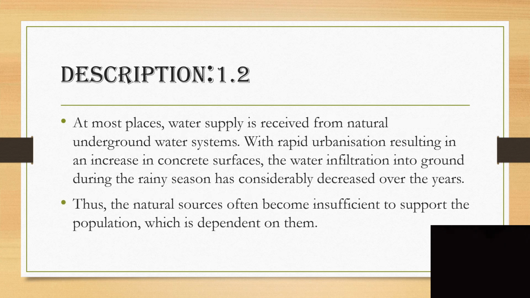At most places, water supply is received from natural underground water systems. With rapid urbanization resulting in an increase in concrete surfaces, the water infiltration into the ground during the rainy season has considerably decreased over the years. Thus, the natural sources often become insufficient to support the population which is dependent on them.